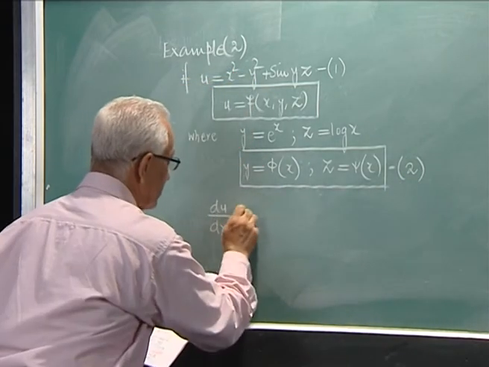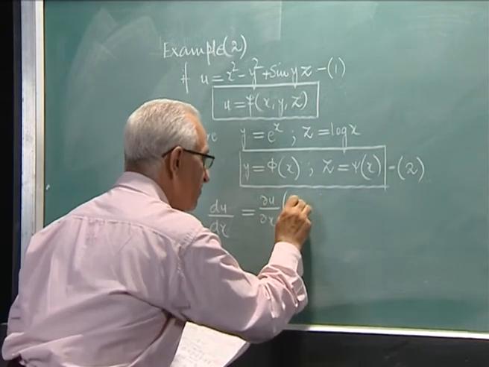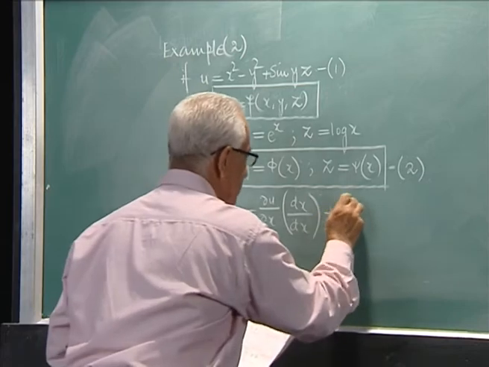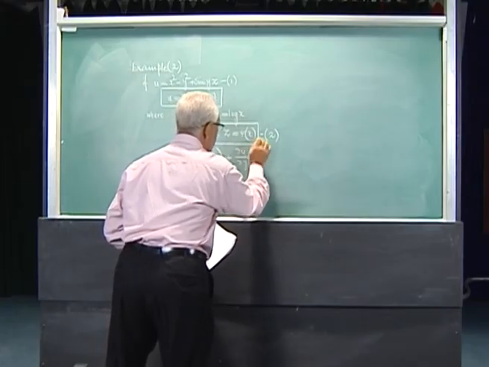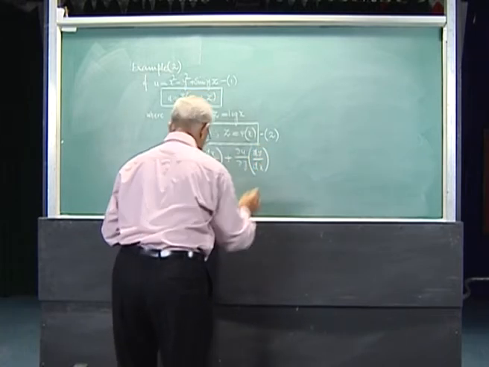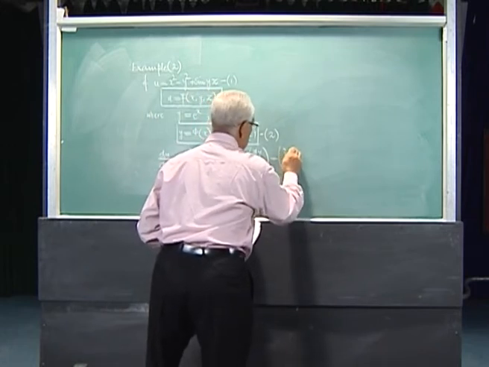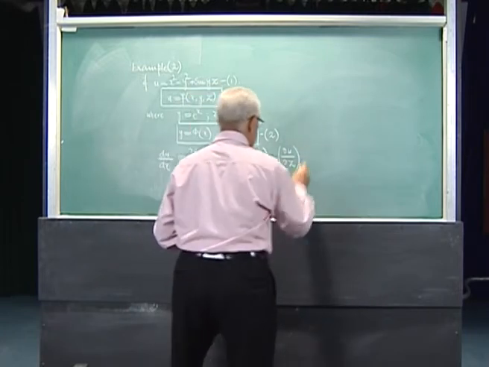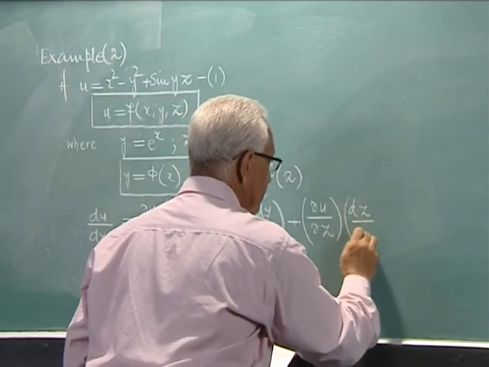So du upon dx is equal to partial du dx times dx upon dx, plus partial du dy times the total derivative dy upon dx, and then plus partial du with respect to z times dz dx.